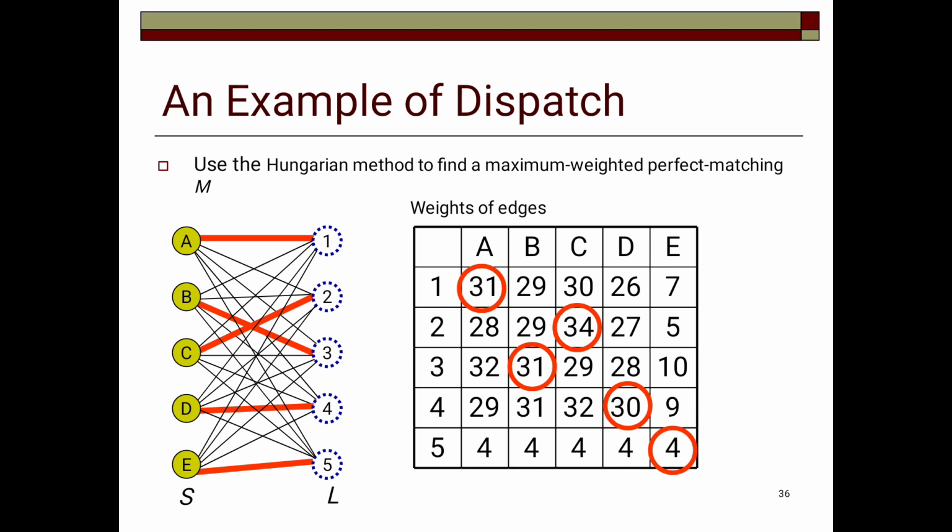Now A is connected to node 1, B is connected to node 3, C is connected to node 2, D is connected to node 4 and E is connected to node 5.